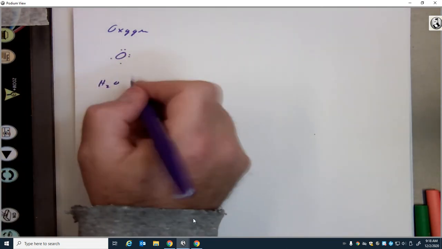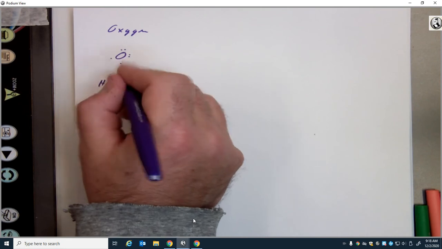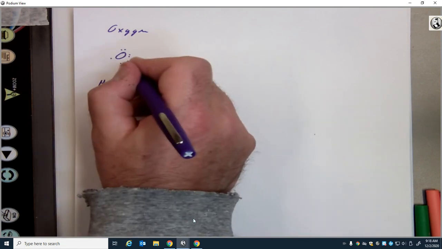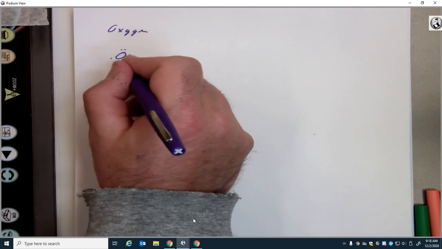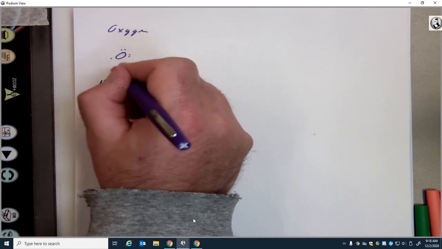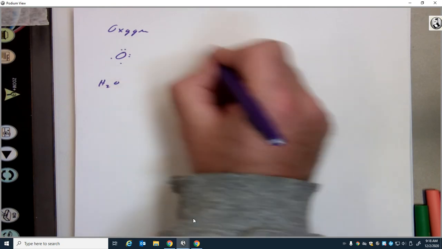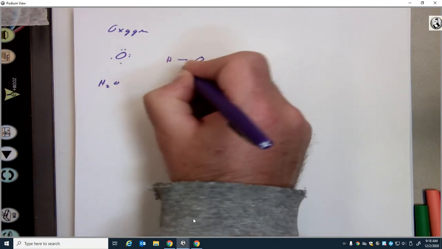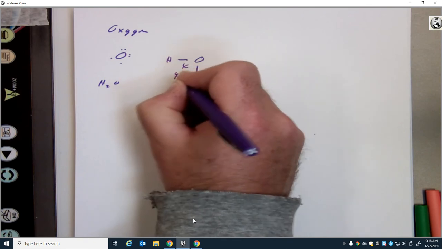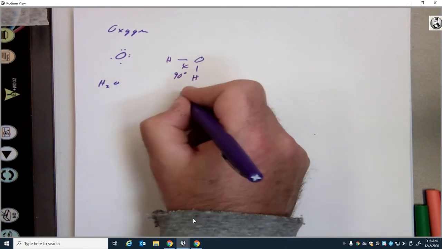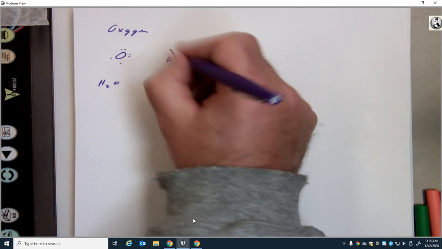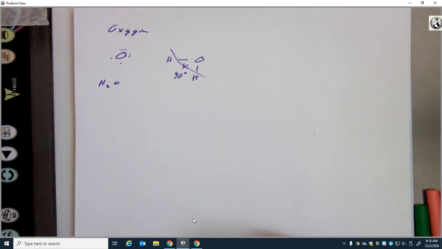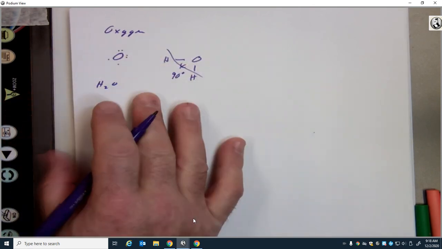But if it just bonded here and bonded here, we would probably really just get a bond angle of 90 degrees. And that's not what we get. Okay, this doesn't happen. We know that it doesn't. So something else has to be happening here.